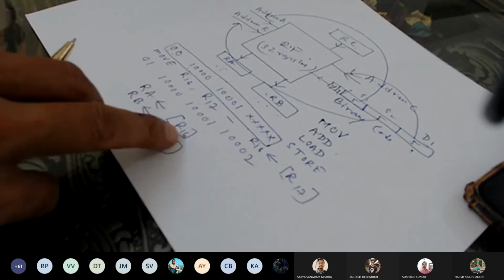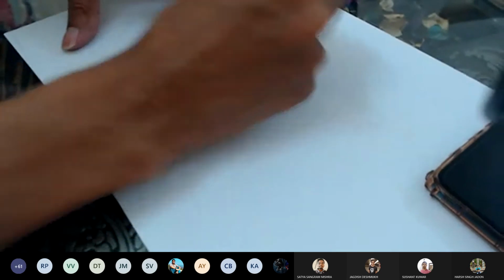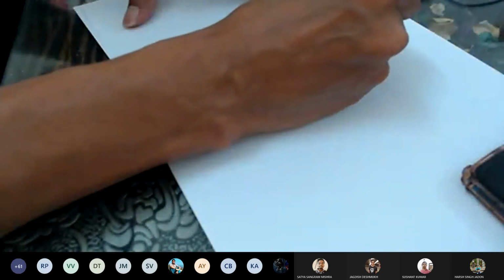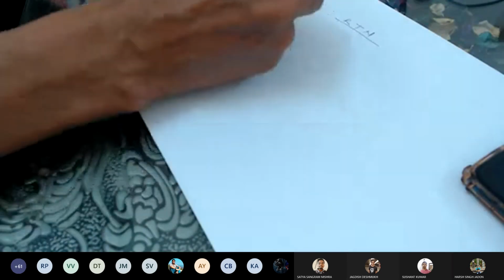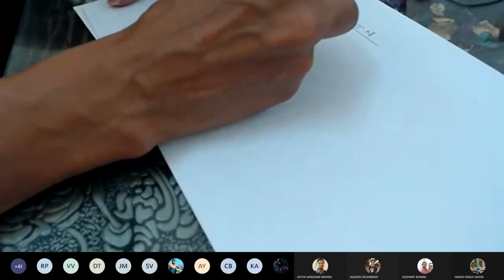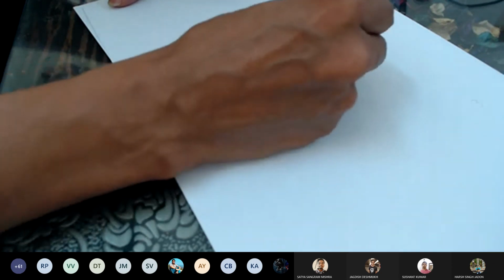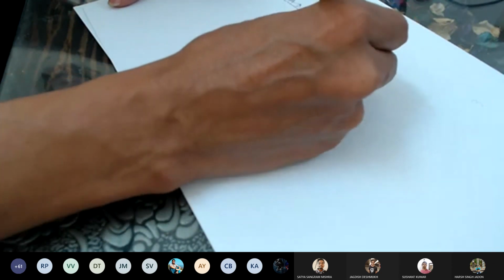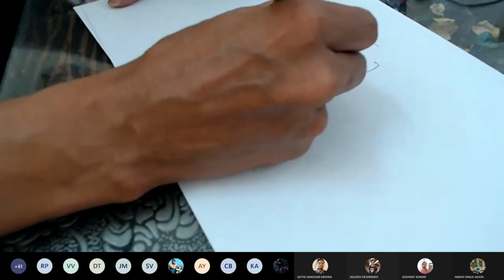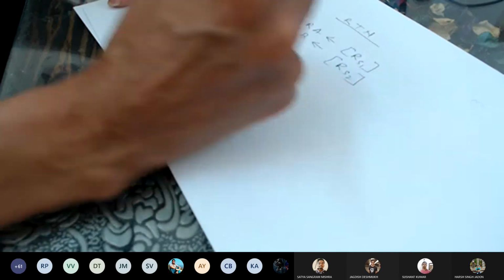If I clearly write it in terms of register transfer notation, it should be like this: RTN notations. RTN for add: RA equals RS1, RB equals RS2.